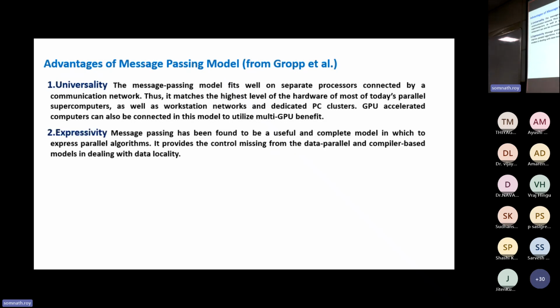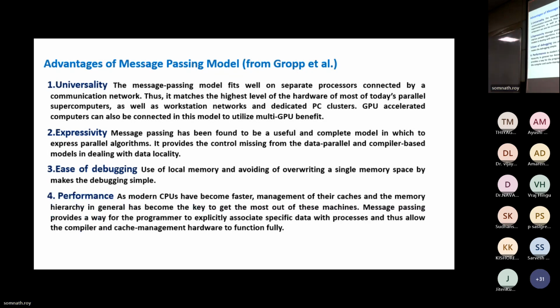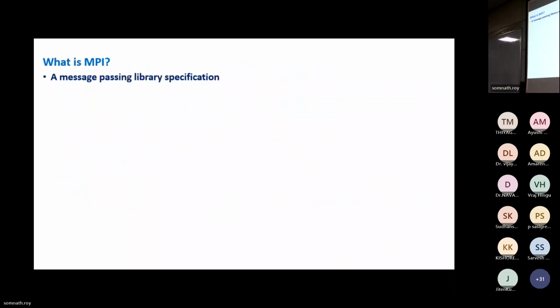And this is expressibility: the message passing model can express any parallel idea. Any idea on parallelization of an algorithm can be expressed like this, as I told you earlier, and you can get the best performance of modern CPUs.